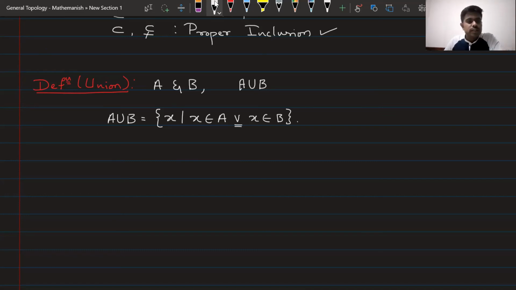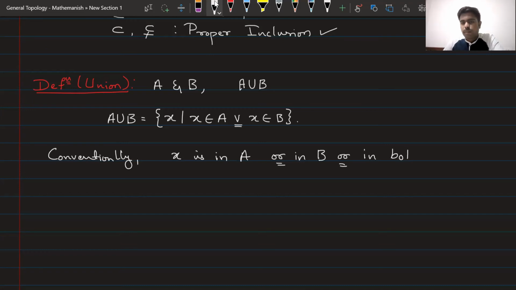But in mathematics, conventionally, we use "x is in A or in B or in both." So if I use "or", it means that it can either be in A or in B, or it can be in both the sets.